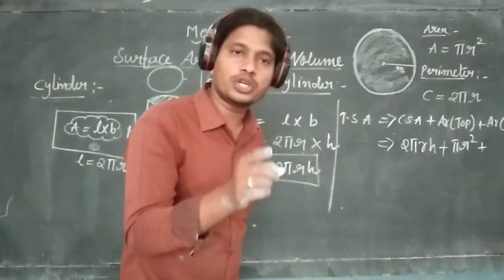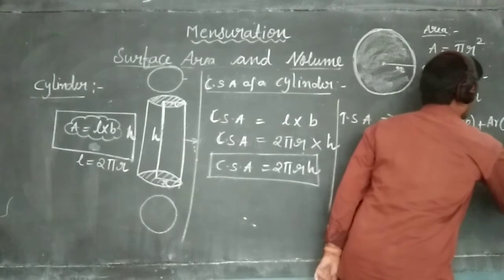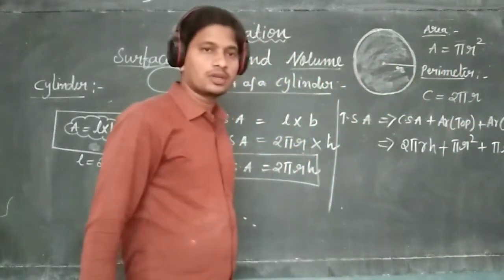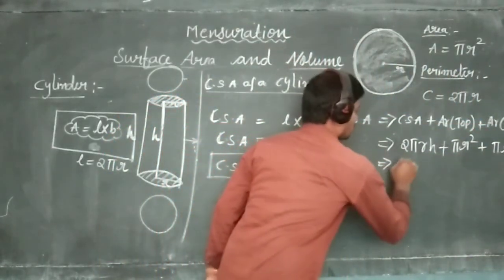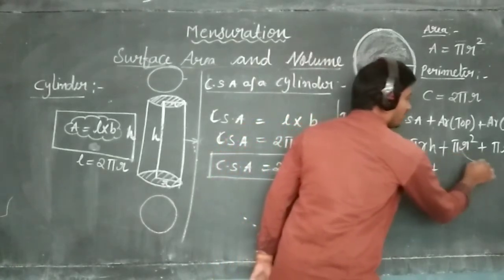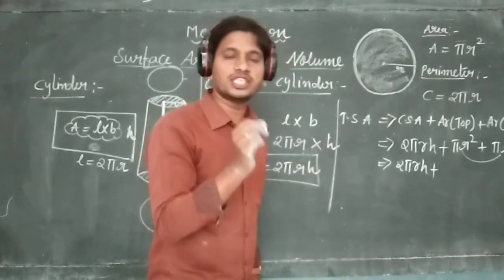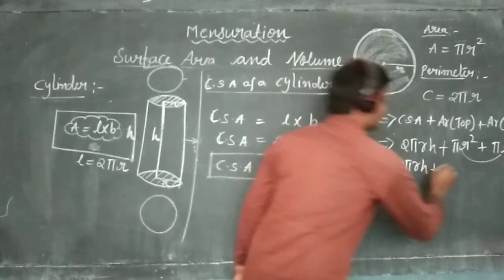The bottom is also in the shape of a circle, so that is also pi r square. That is 2 pi r h plus pi r square plus pi r square. 1 pi r square plus 1 pi r square is equal to 2 pi r square.